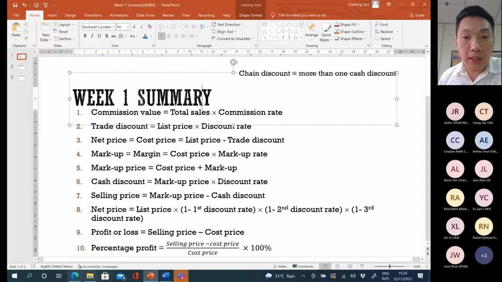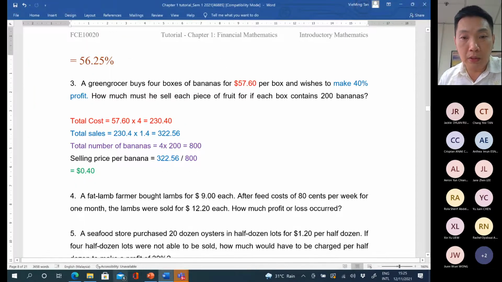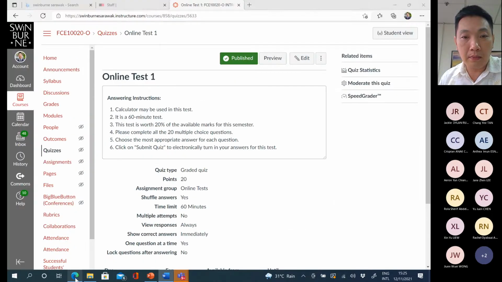Okay, and then the online test one, I should have released the result already. You should be able to access the result, but it seems some of you still are not able to access it. I already made the result available, but you still cannot access it. I try to do it again one more time.